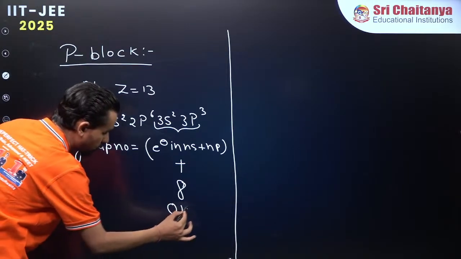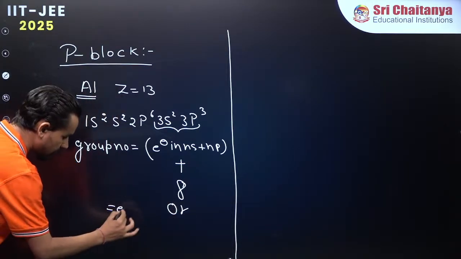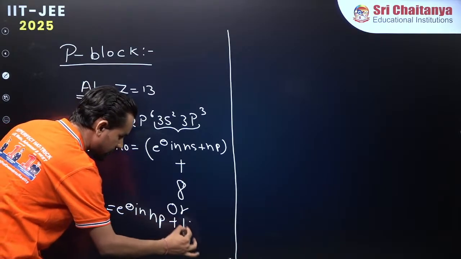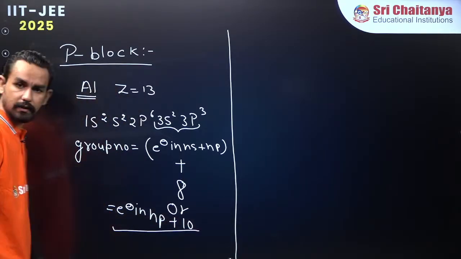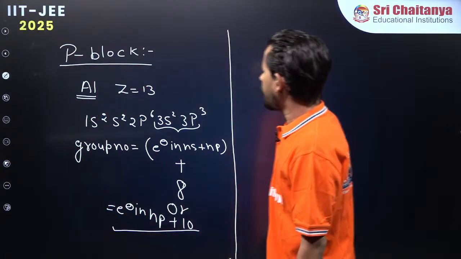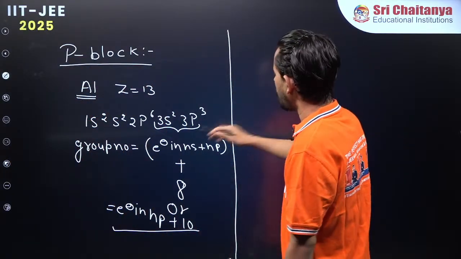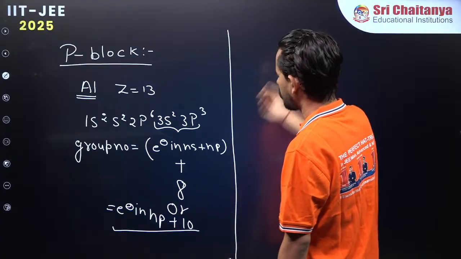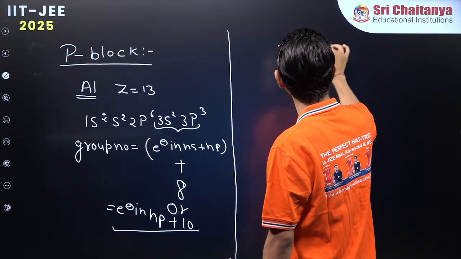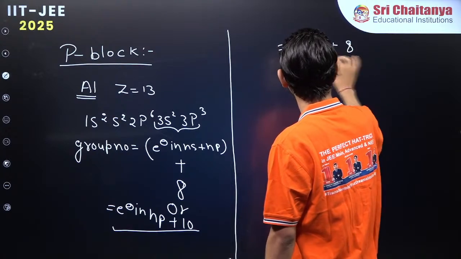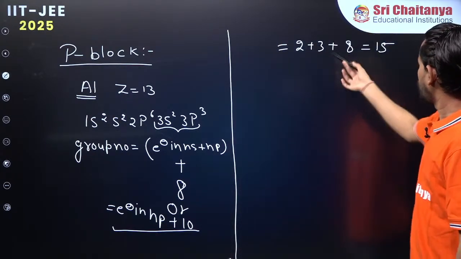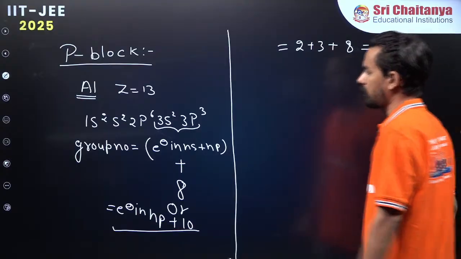Or there is one more formula: electrons in np plus 10. Directly you can use this. Now tell me, what about this aluminium? Electrons in ns plus np, 2 plus 3, and plus 8, that will come 15. Oh, not 15, actually 13 it is.